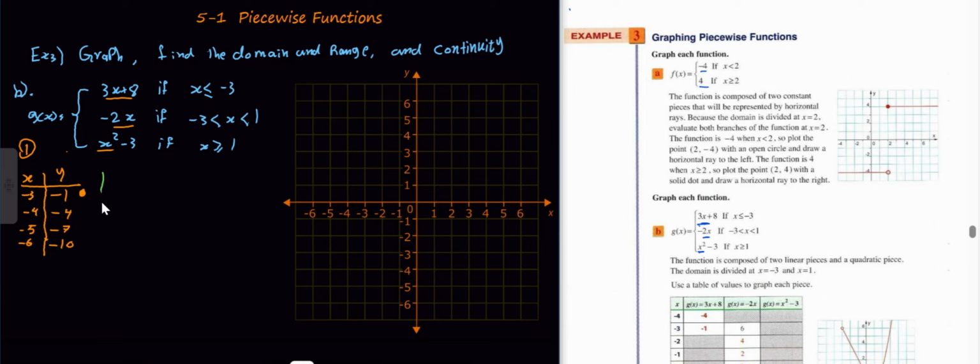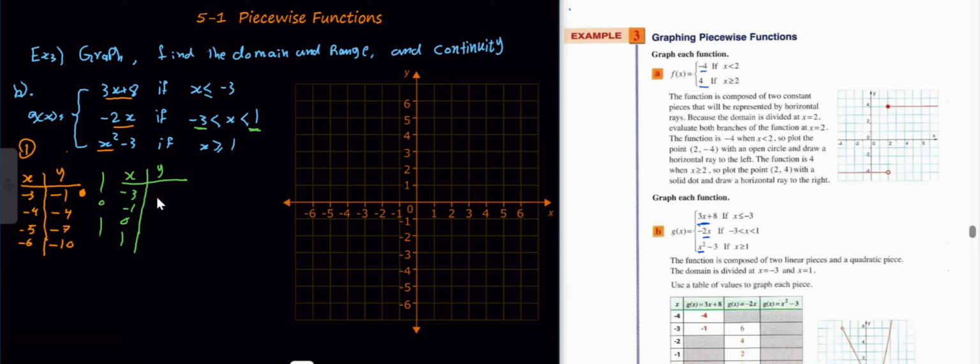For the second table, we have x and y. We have to put these two domain values here: negative 3 here and 1 here. And we can choose two numbers between negative 3 and 1. Let's say negative 1 and 0, the easy points.